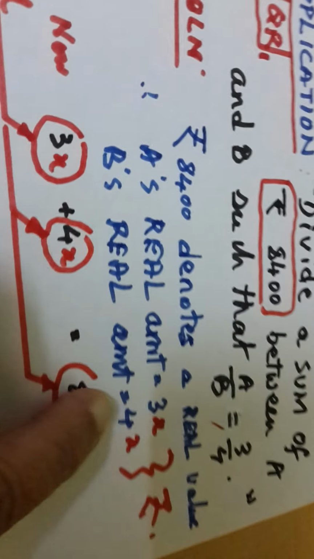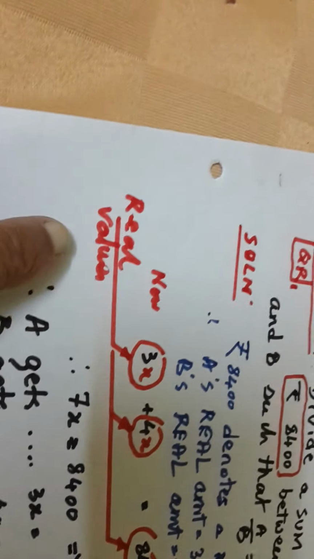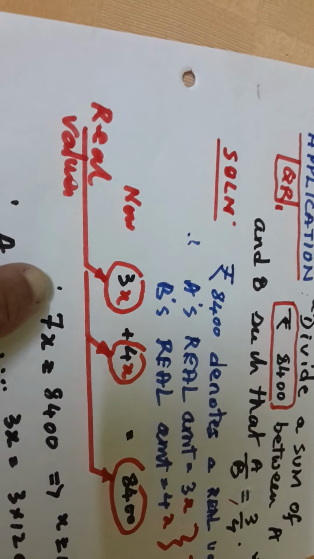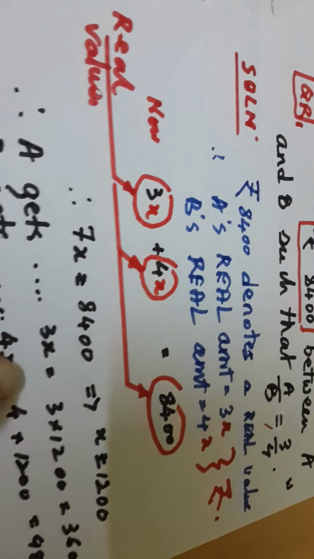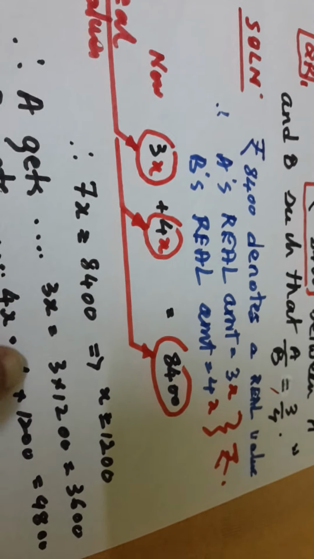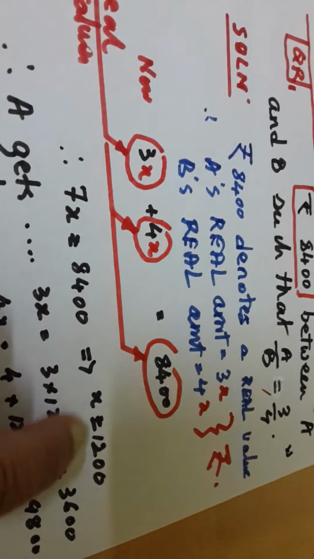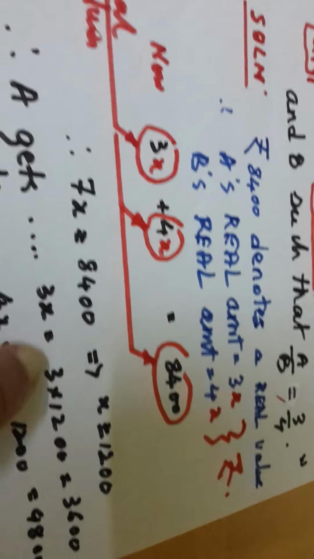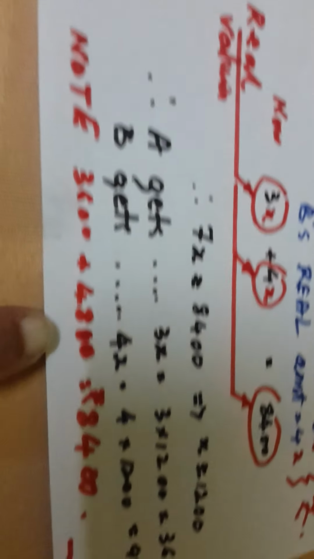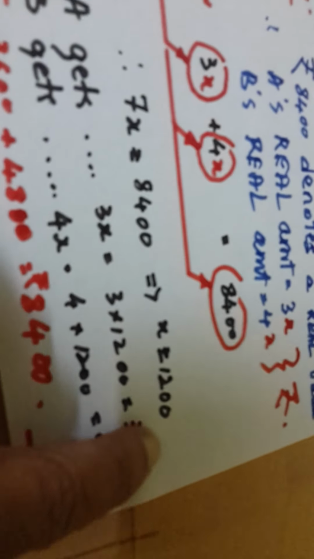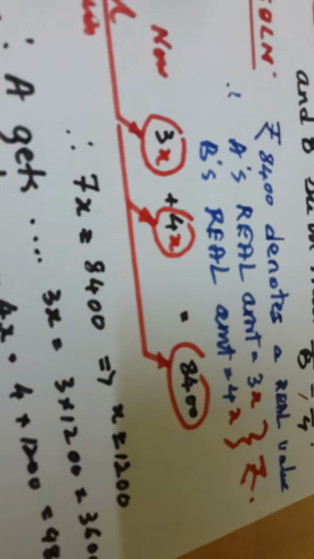A's real value is 3x, B's is 4x, and the total gives you 8,400. So 7x is 8,400, so X comes to be 1,200. Similarly, A gets 3x, B gets 4x. You can check these two should add up to 8,400. Got it?